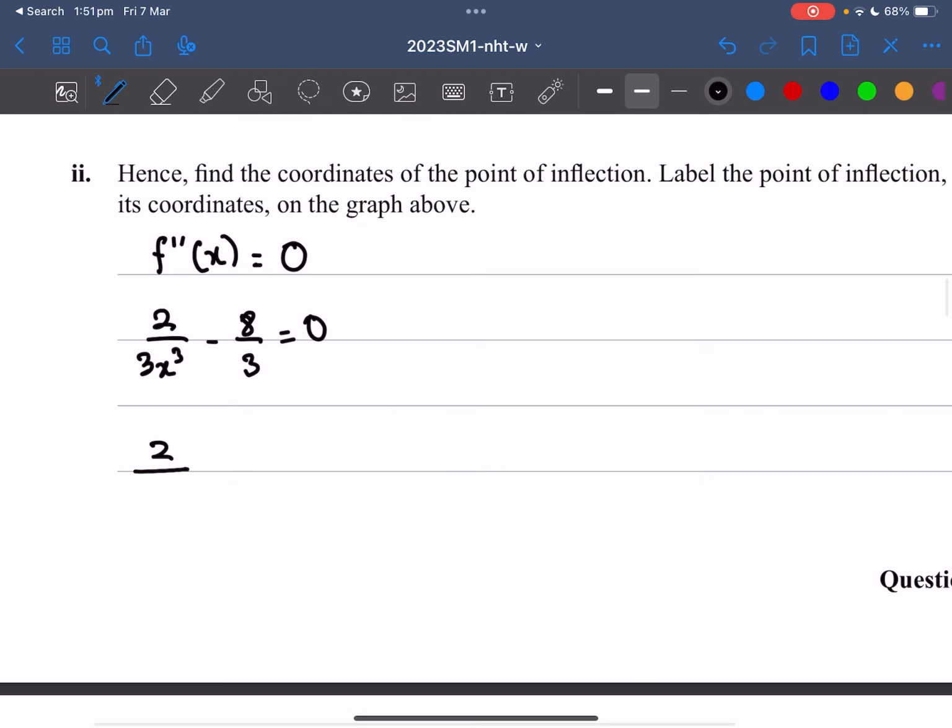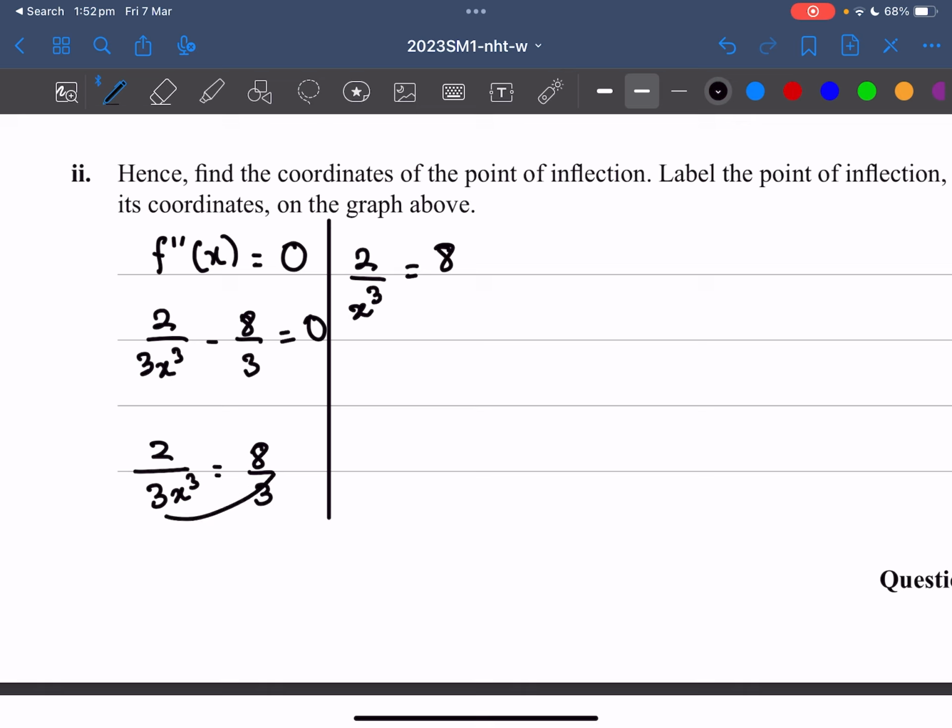So 2 on 3x cubed equals 8 on 3. Okay, so we will get 2 on x cubed is equal to 8, because if I take 3 here, then 3 would cancel out. Okay, so we will get x cubed is equal to 1 on 4.